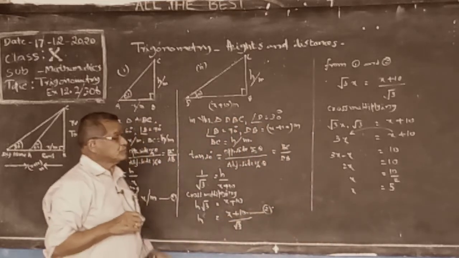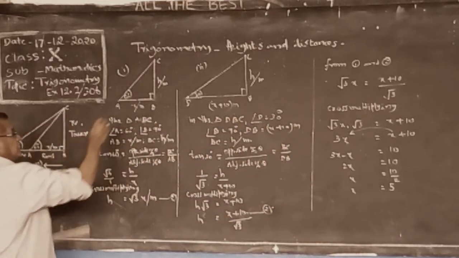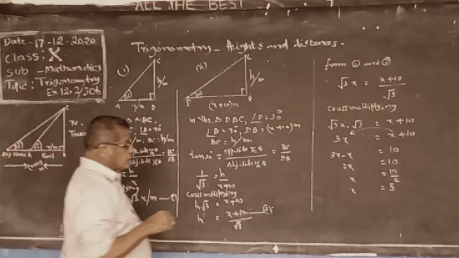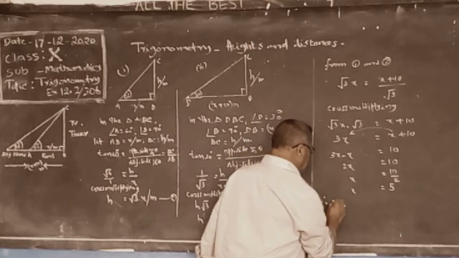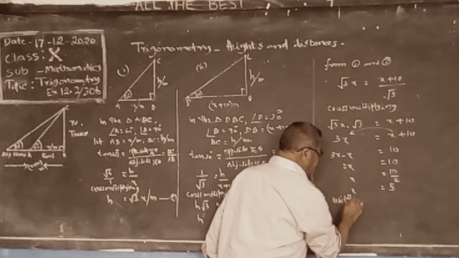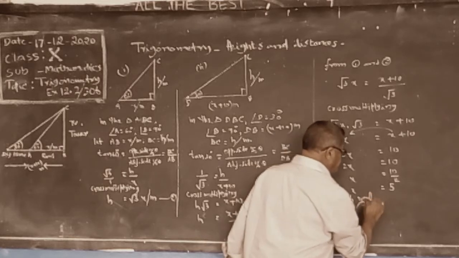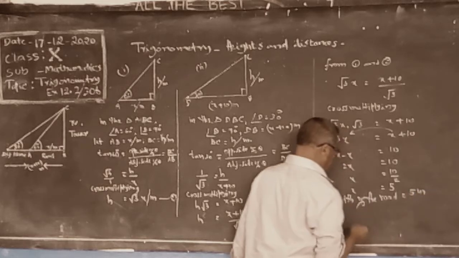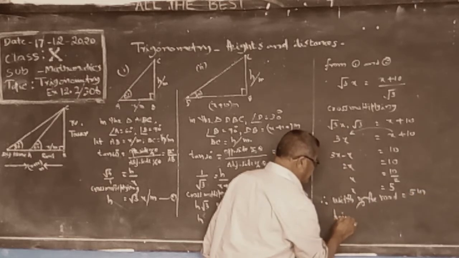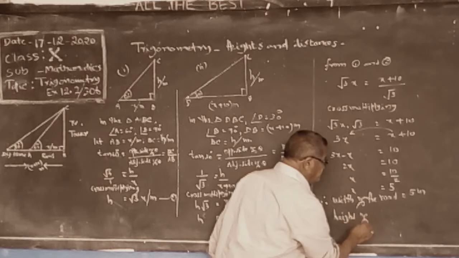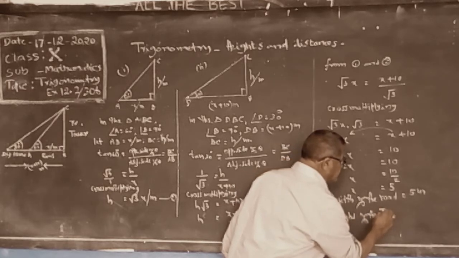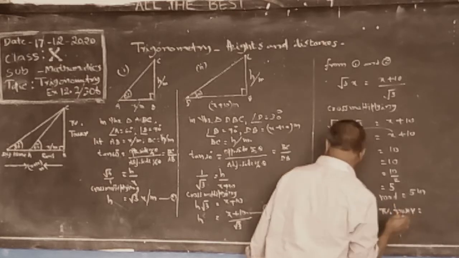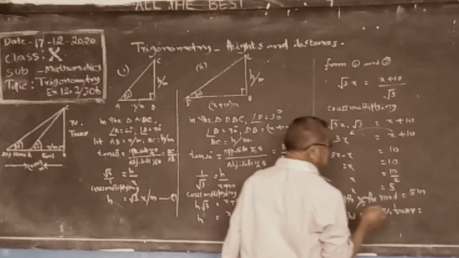We supposed x as the width of the road. Therefore, the width of the road is equal to 5 meters, and the height of the TV tower is h, which is equal to root 3x.